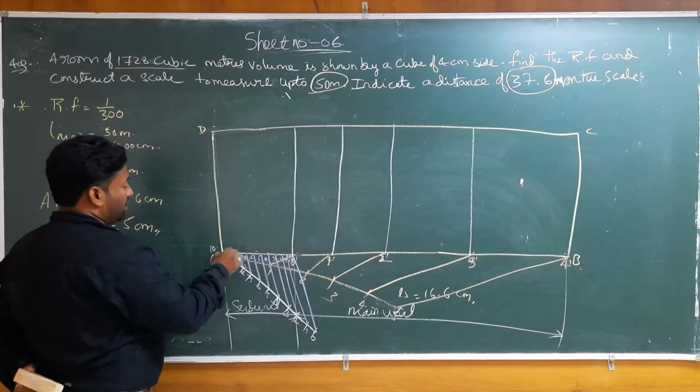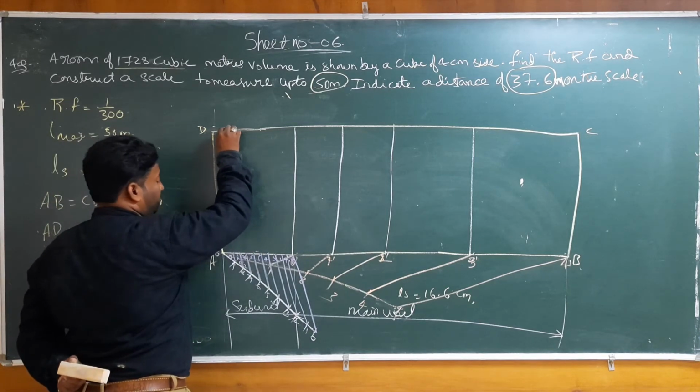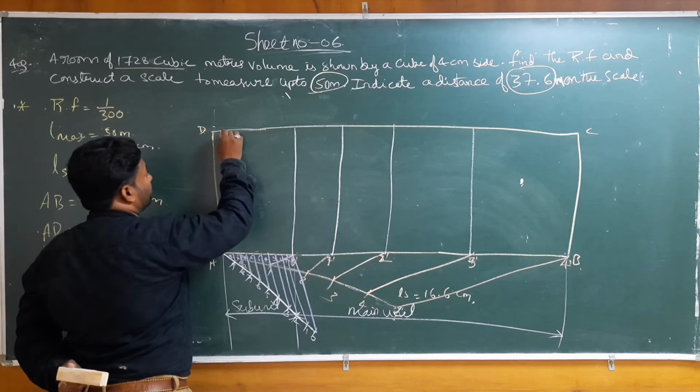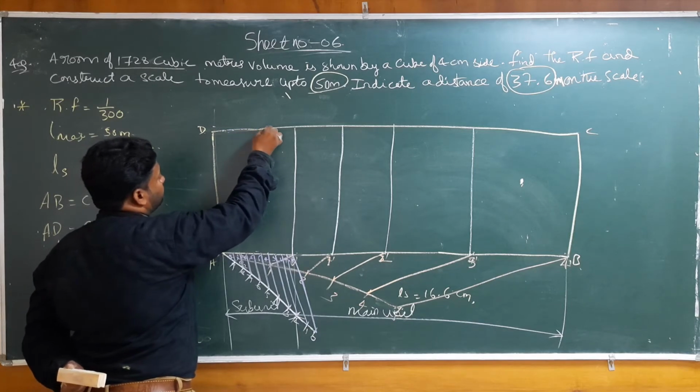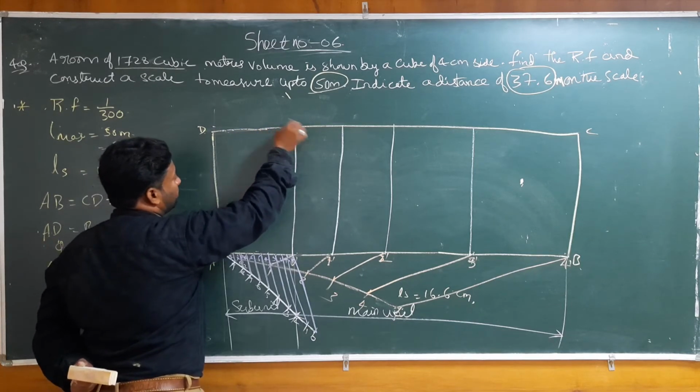Now with the help of this scale, I will mark straight lines here. If I am using graph paper, that is better for me. 1, 2, 3, 4, 5, 6, 7, 8, 9 and 10.